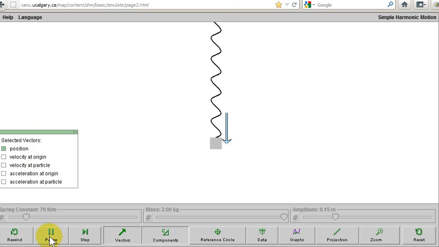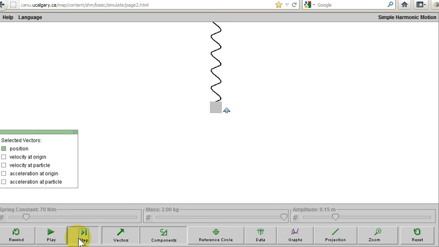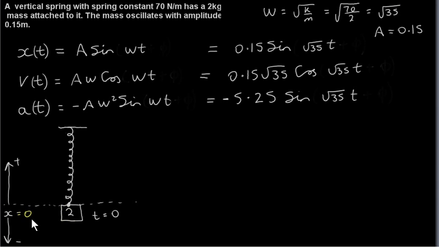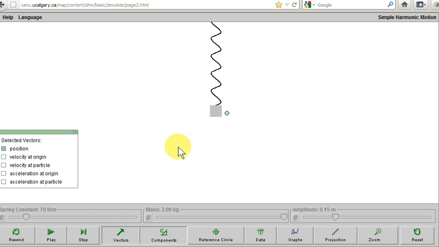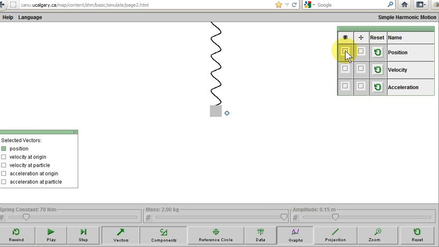Now we can pause the motion so we can have the timer occurring when the position is 0. t equals 0 when x is 0. That's what we have decided on here. When t is 0, x is 0. The particle is in its equilibrium position. Now let's look at a graph of its position. So we select position here.